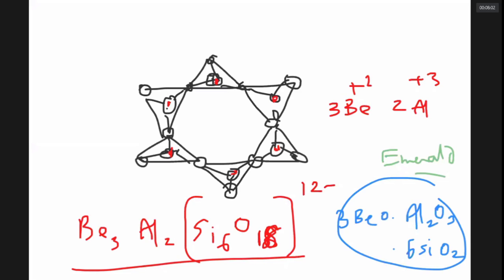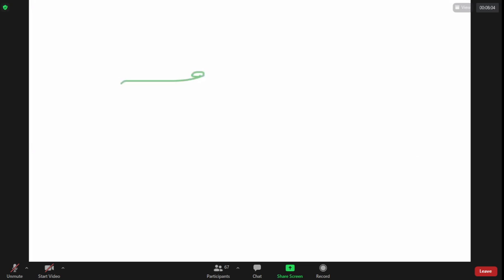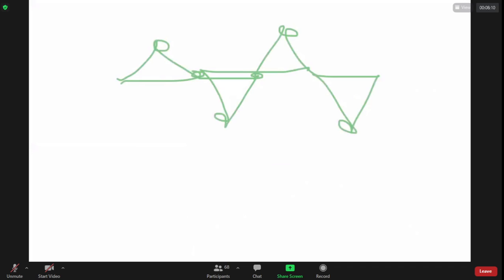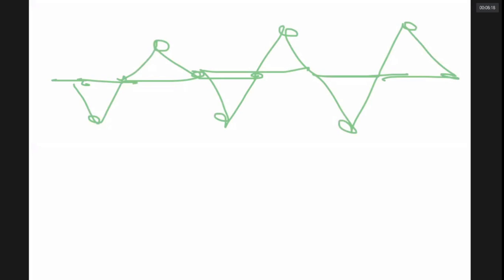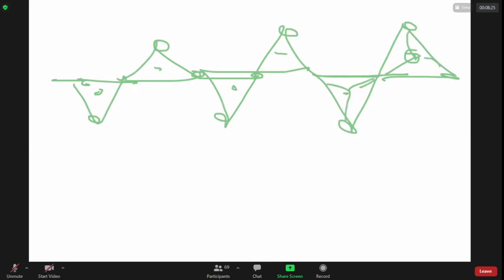Sometimes where 2 corners are shared, it can be even like a chain. These are called chain silicates. Silicon, silicon, silicon, silicon, silicon, oxygen, oxygen.